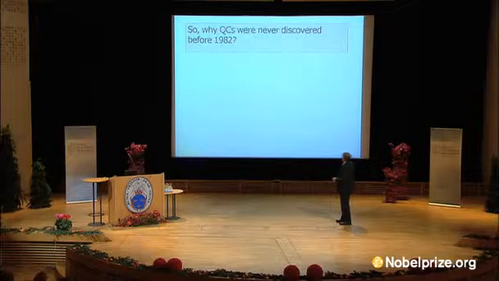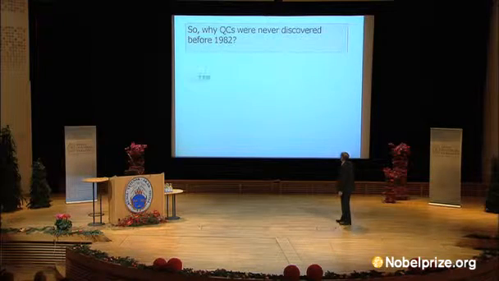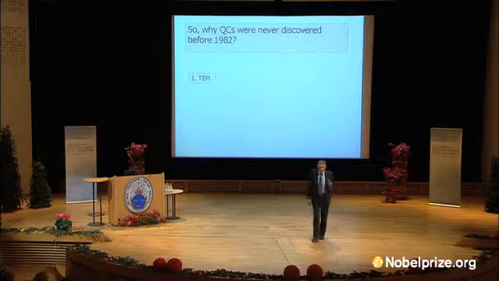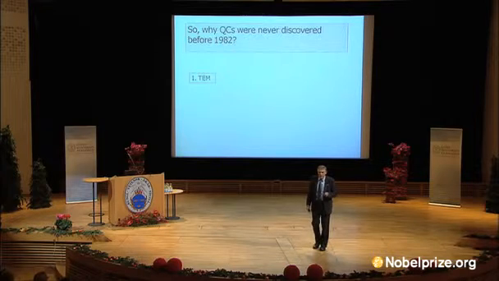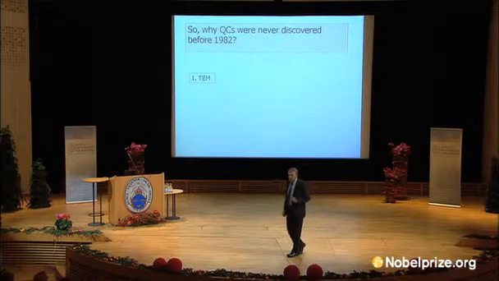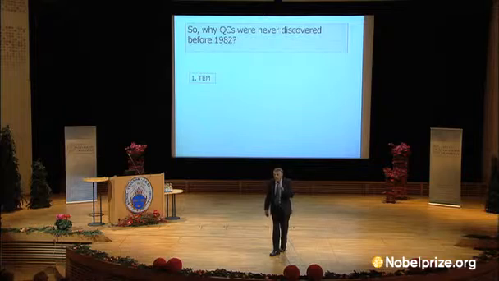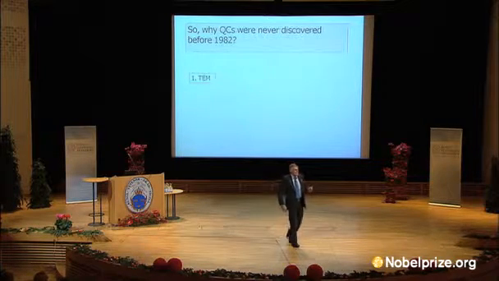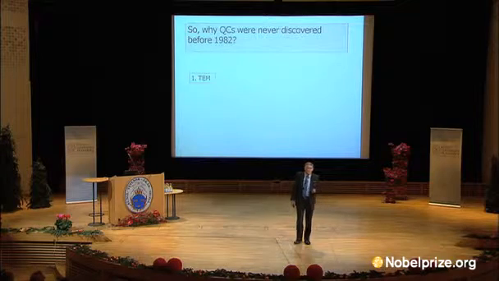So this is the second question: why were they not discovered before? Let me try to answer this. This is my answer, and many people may have a different answer. First of all, quasiperiodic materials had to be discovered by transmission electron microscopy. This is a victory for transmission electron microscopy. You could not have discovered them by X-rays because the crystals were too small.